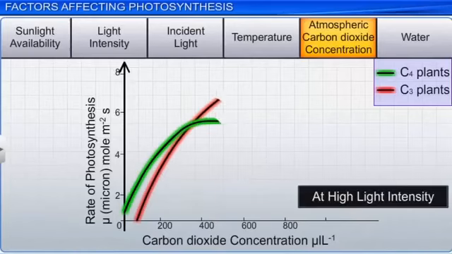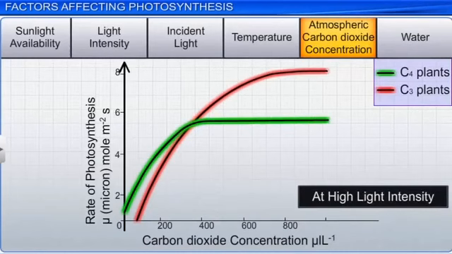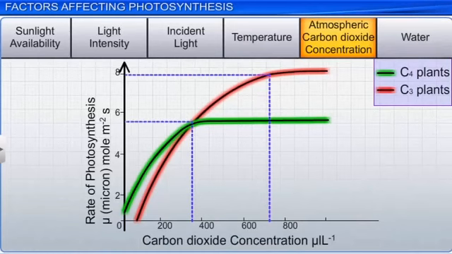However, at high light intensity, both C3 and C4 plants show an increase in the rate of photosynthesis. However, C4 plants attain saturation at 360 microliters per liter and don't show any further increase in the rate of photosynthesis. C3 plants, on the other hand, show saturation only beyond 450 microliters per liter.